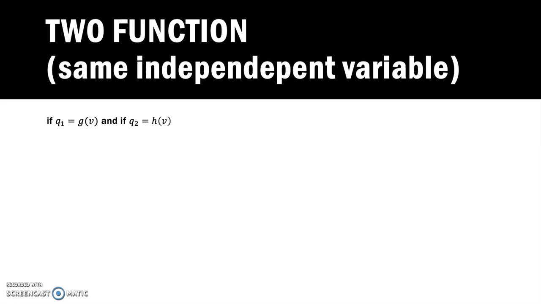We have two functions, q1 and q2, where q1 is a function of v and q2 is also a function of v, where the limit of q1 as v approaches n is equal to L1, and the limit of q2 where v approaches n is equal to L2, where L1 and L2 are finite numbers.